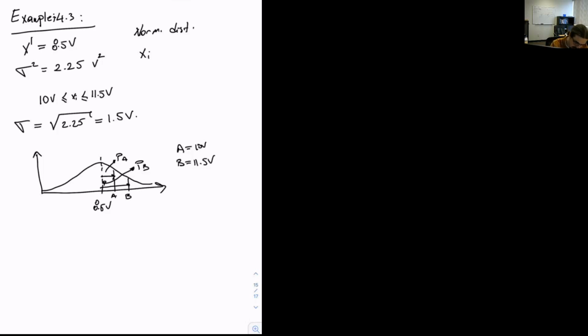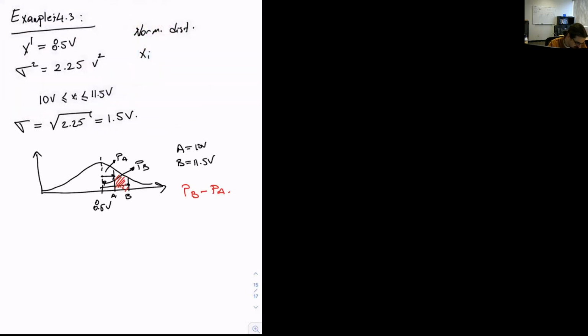So what we are trying to figure out is the probability of a measurement being in this area. In that case, it will be PB minus PA.